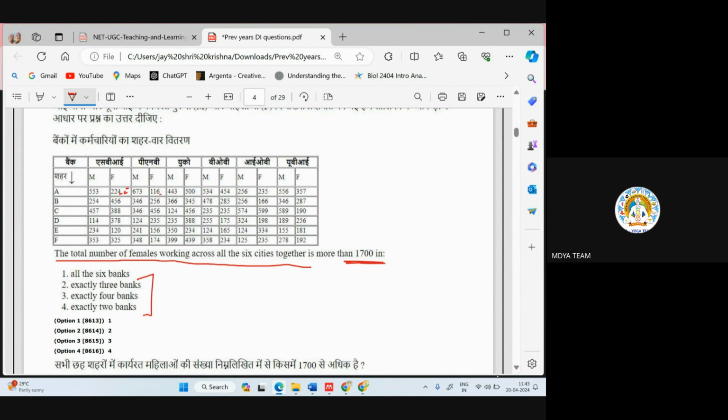If you add this, this, and this, you will get all the females working in city A. Now if you add all the females working in different banks in city B, you will get all the females working in city B. Similarly, you can get all the females working in city C, city D, city E, and city F. So you have to add one by one.